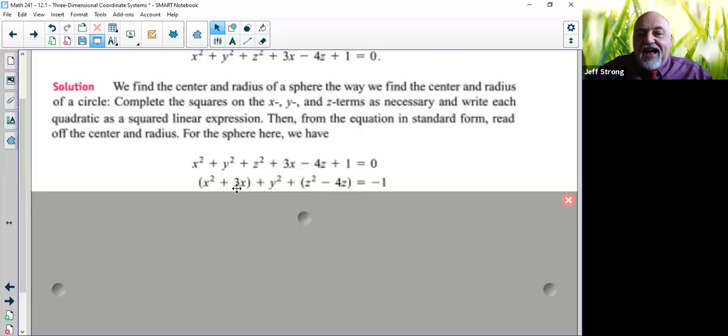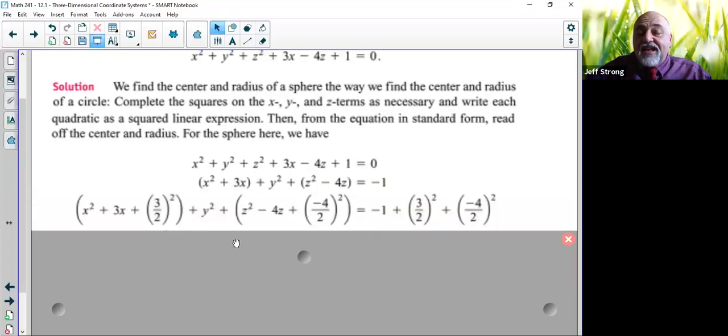Here, half the middle term, half of 3, is 3 halves. We square that and we get 3 halves squared, or 9/4. There's really nothing in the y's to complete the square, so you can leave that alone. Half of this middle term is negative 2, and negative 2 squared is 4, so we can add that. Whatever we add to complete the square, we have to add to the other side.